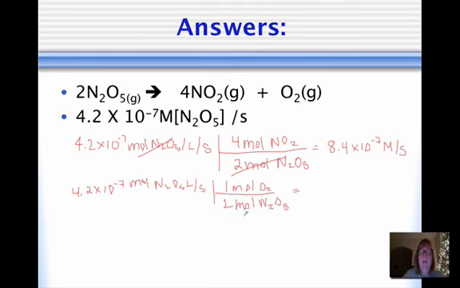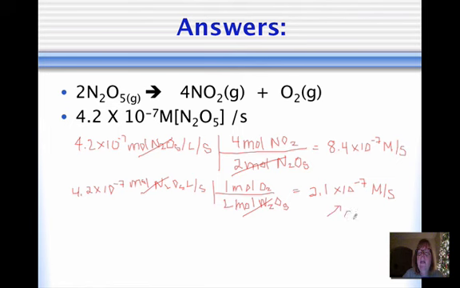When we do this, the moles of N2O5 cross off. We've got moles of oxygen per liter per second, so molars of oxygen per second, and we're going to have to divide that in half. So it's going to be 2.1 times 10 to the negative 7th molars per second for oxygen.